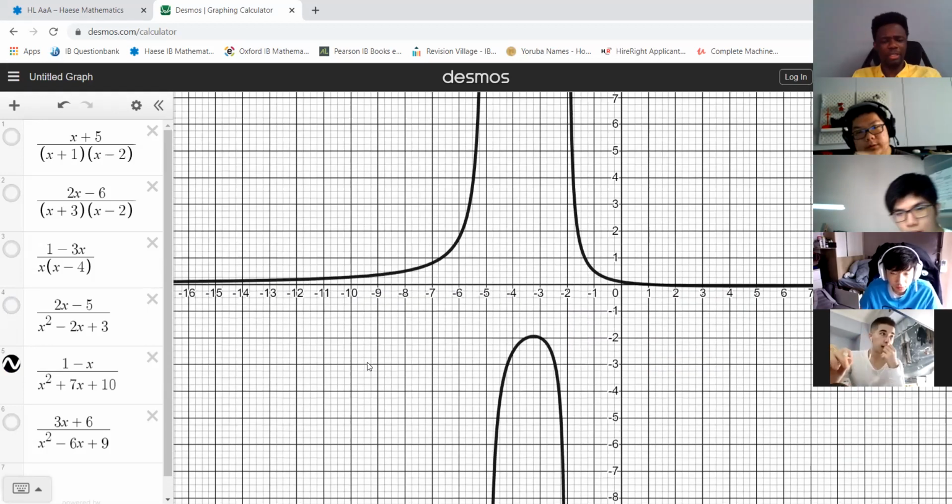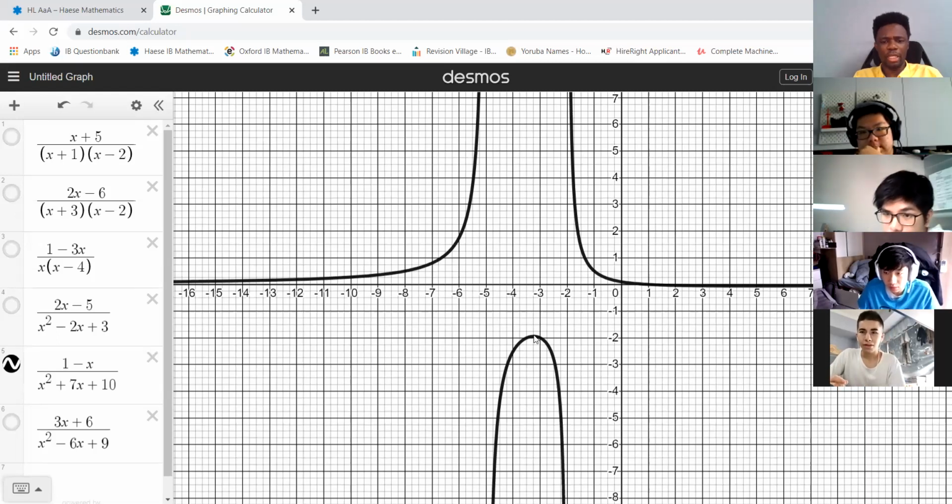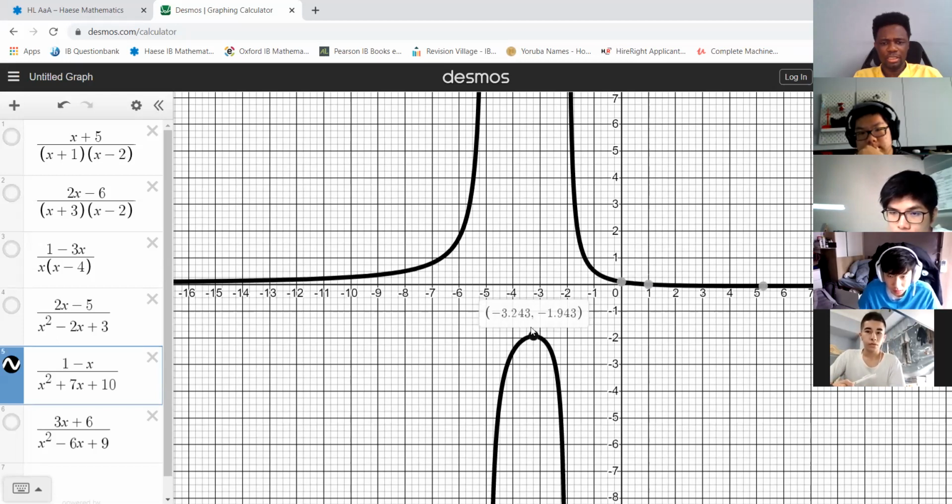For this one, it's similar. The domain is R minus those points, and the range we can determine too. The range will be everything except this interval, right? Yes, everything except -1.9 to 0. No, there's a point near 5.